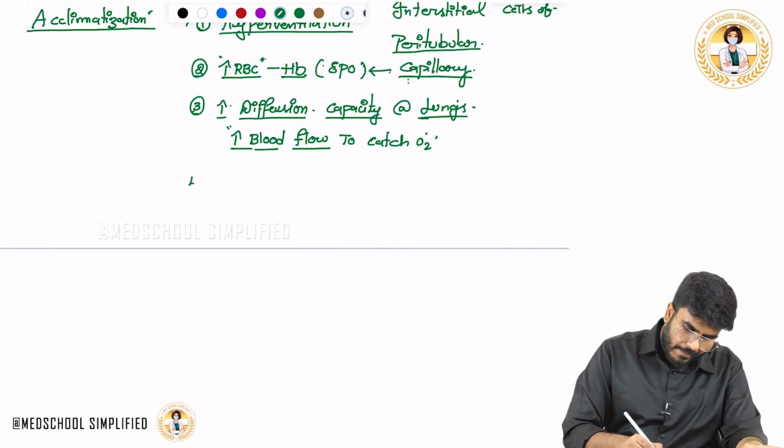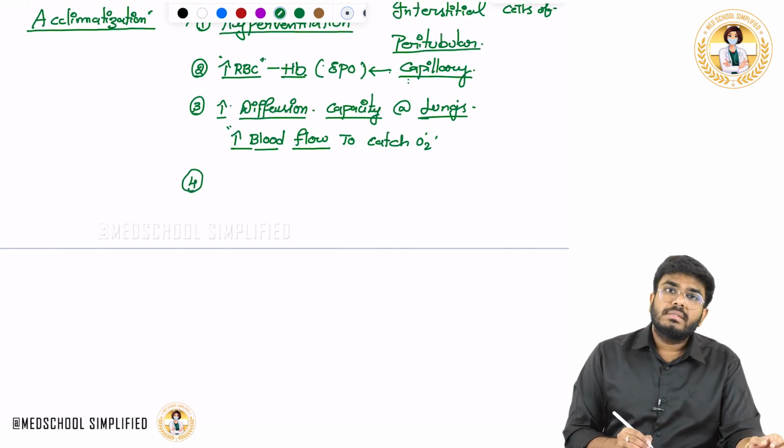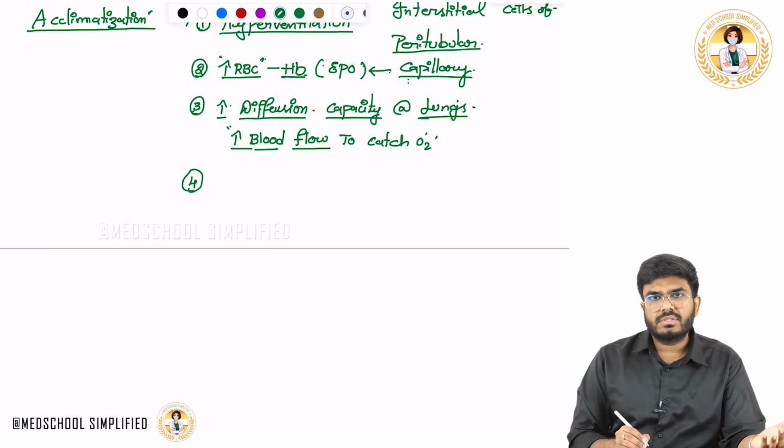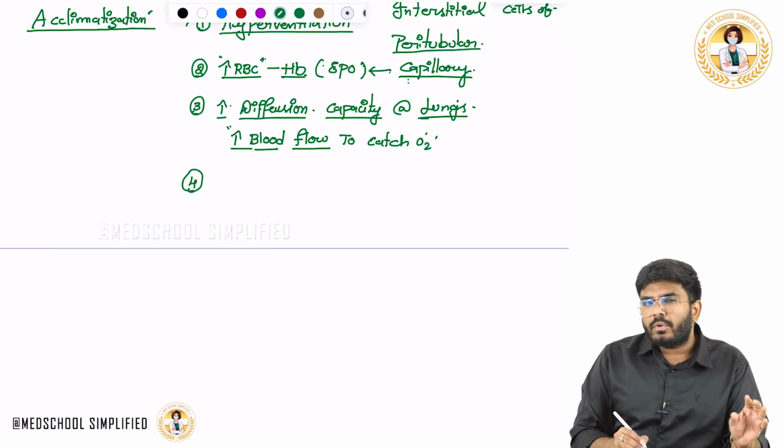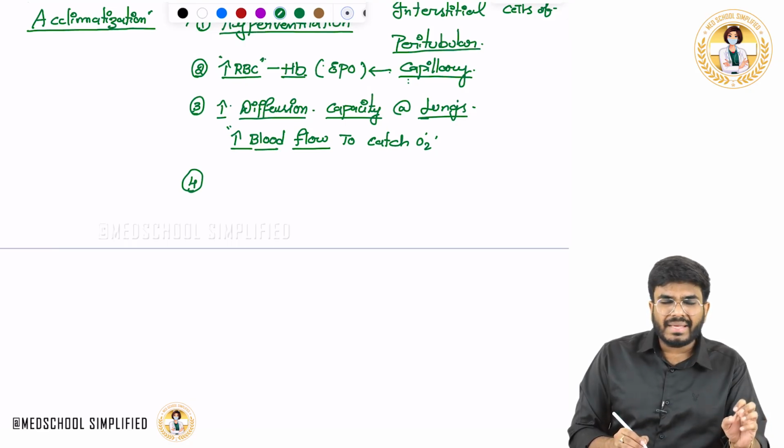Now, what else? Who requires this oxygen? At the end of the day, the oxygen will be needed by the tissues. Which blood vessels are going into the tissues to supply the blood? Capillaries. So more capillaries means more blood flow into the tissues, and more blood flow means more oxygen delivered to the tissues.